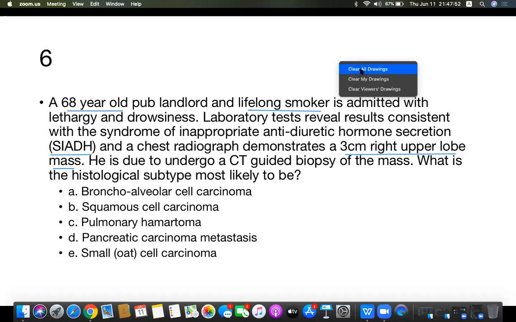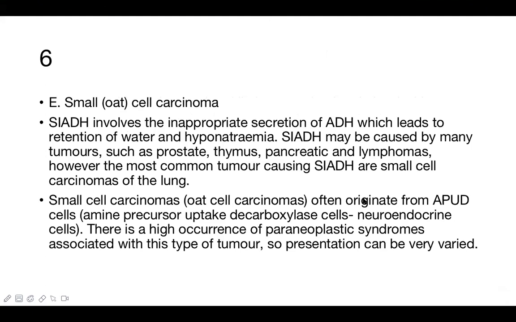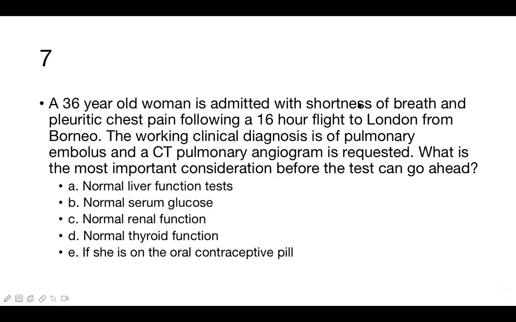In the next question, they may give you another example of paraneoplastic syndrome, like Cushing syndrome, or some other. So don't get confused. You need to use your quick mind during that time. So this is small cell or oat cell carcinoma, and SIADH is one of the common presentations. Now number 7.